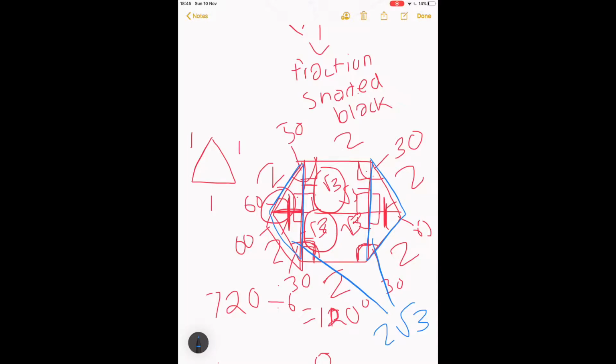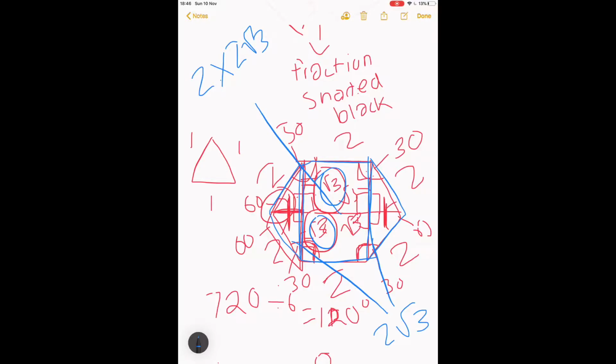Now, we can also find out the area of the big rectangle in the middle, because we know that the side here is 2, so we just do 2 times 2 root 3. So 2 root 3 is basically root 3 here plus root 3 here to get our height.